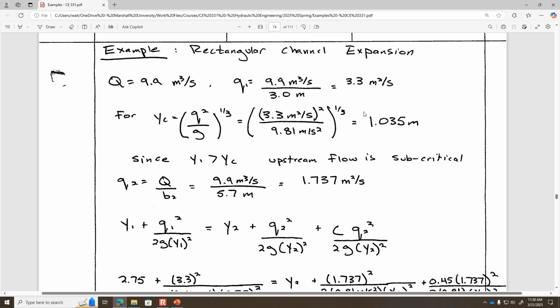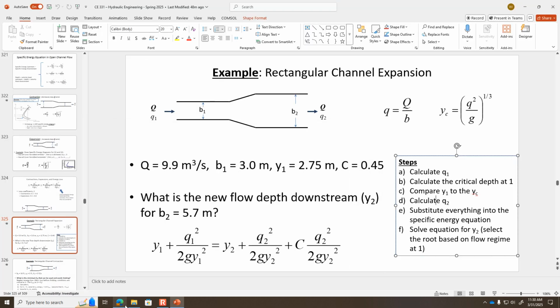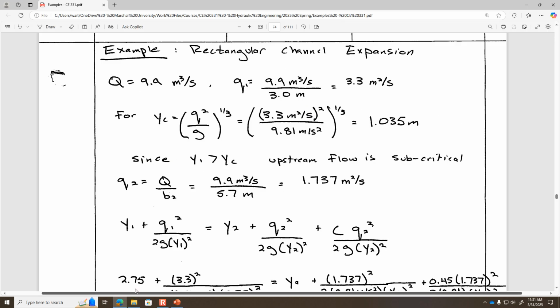The critical depth's 1.035. Now, the given flow depth, which we're told is 2.75 meters, is larger than the critical depth, which means we have subcritical conditions, because subcritical is slow-moving water, and if the flow depth is larger than the critical depth, the velocity of the flow is going to be relatively slow-moving.